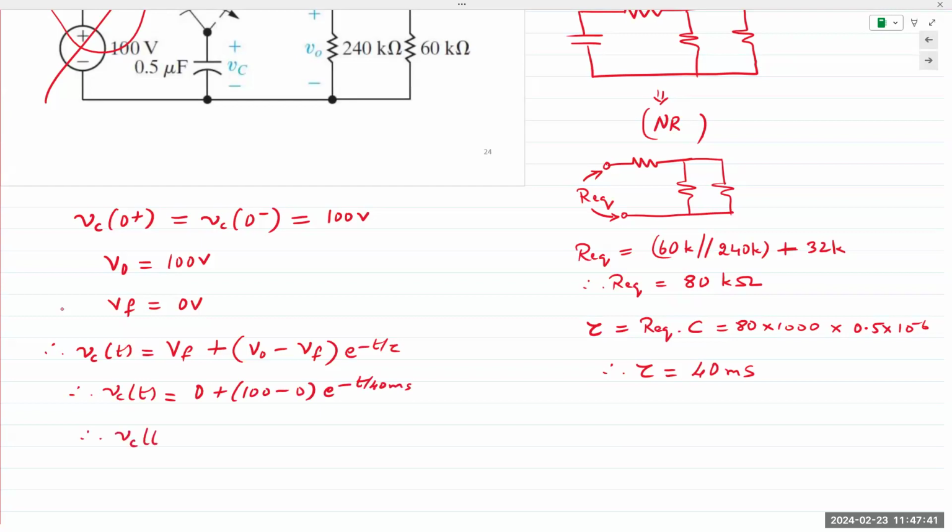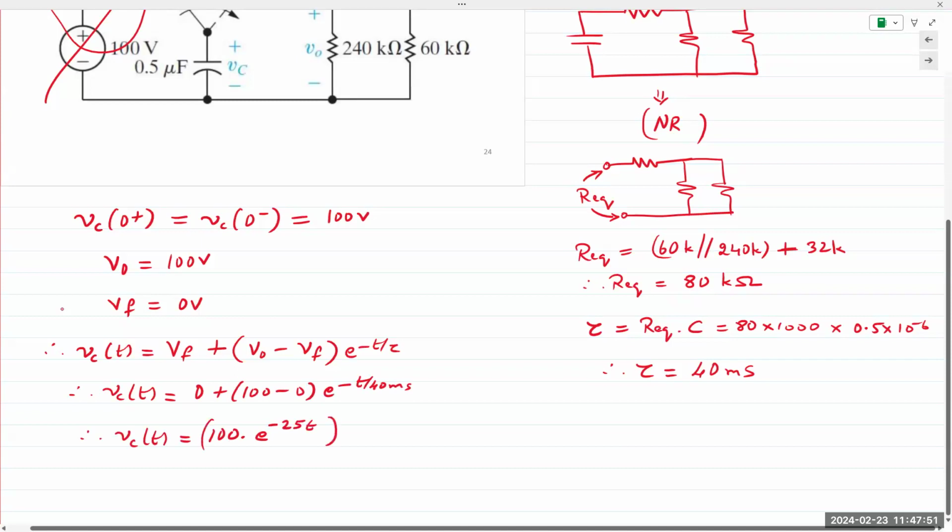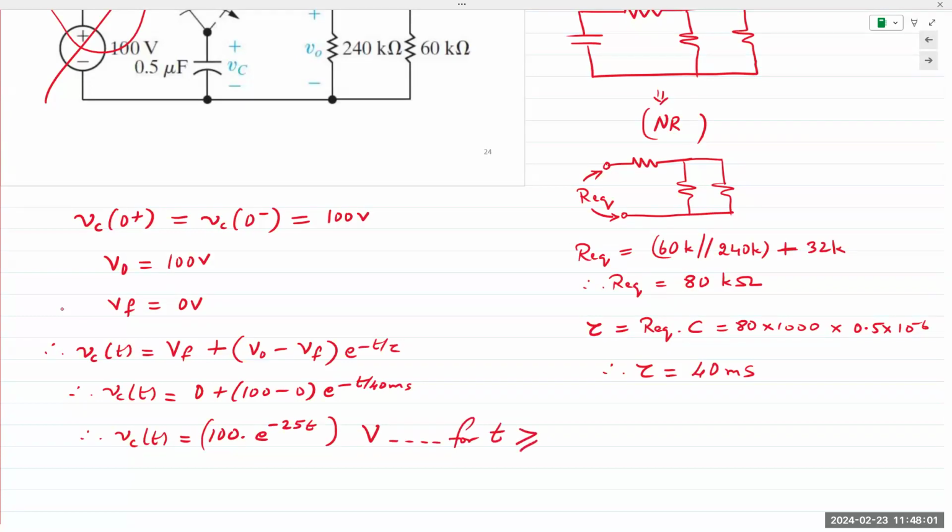And therefore Vc of t is 100 times e raised to minus 25t. The entire expression has a unit of volts. This expression is valid for all values of time t greater than or equal to 0.